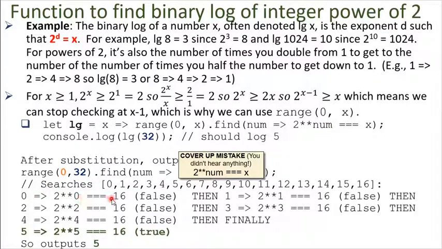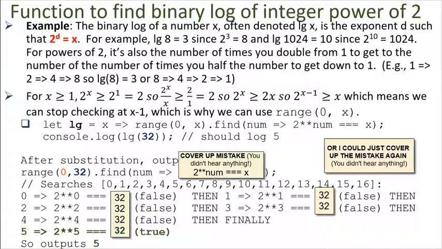and it doesn't. So then it's going to plug in 1, which is the next number in this array. So then it's going to check does 2 to the 1 equal 16, and that's also false. And I should say 32. Maybe I should totally redo this slide and this presentation, but I'll just say right now it says 32.